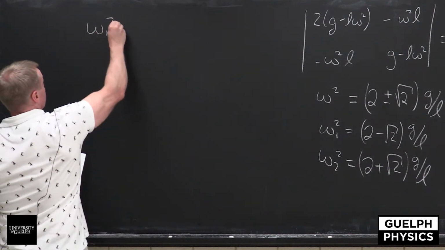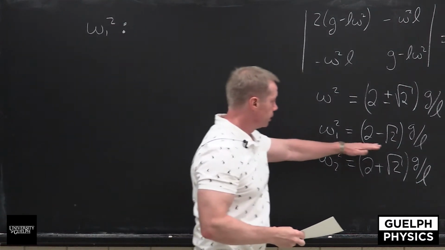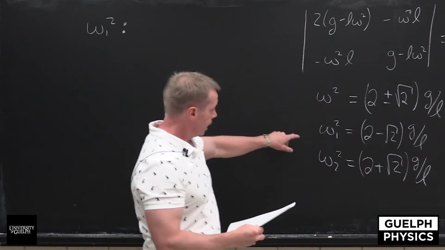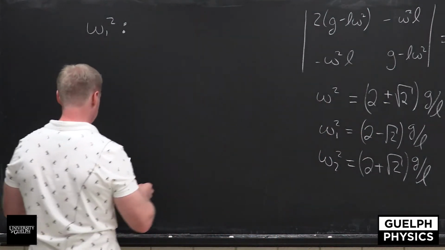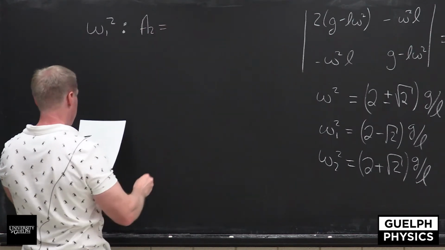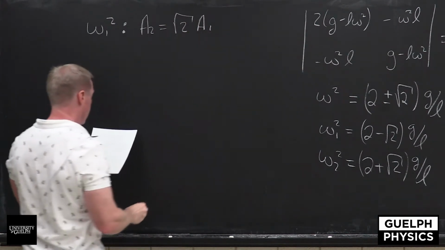So for omega 1 squared, where I'm looking at the lower frequency component, I have a result that A2 is root 2 A1.